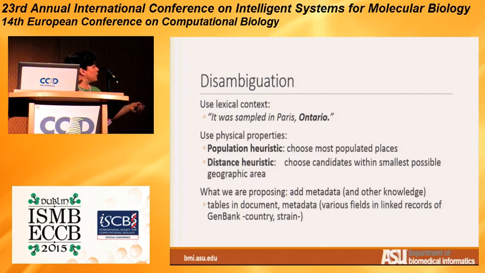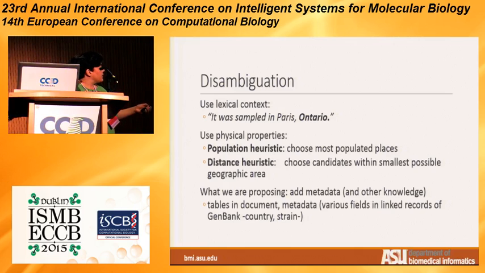Then we move into what I'm referring to as the knowledge area, where you're not using any of the text present in your text mining problem, but you're using some additional resources to help enlighten your process, in this case, disambiguation.